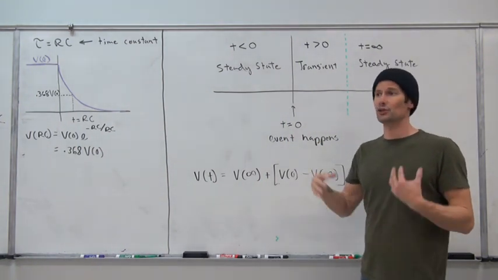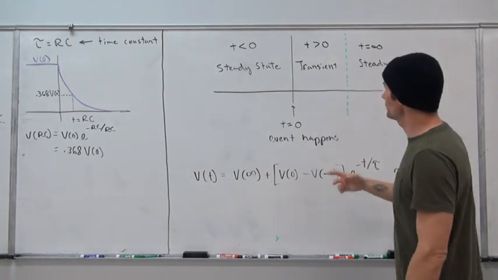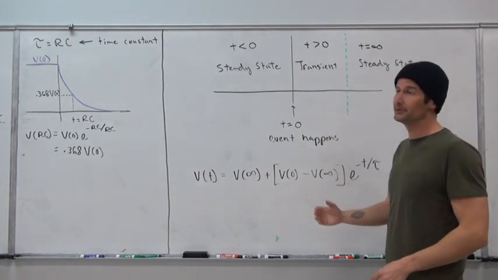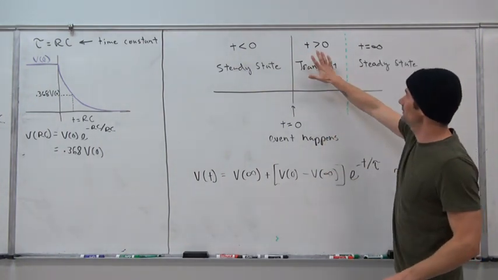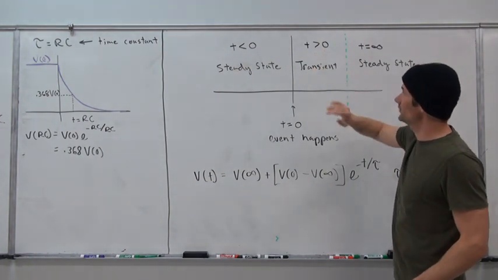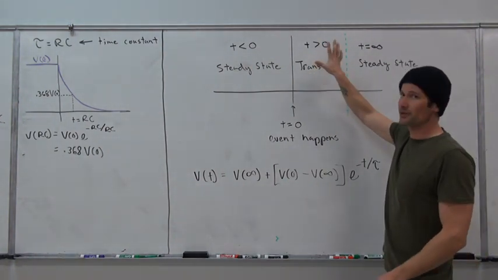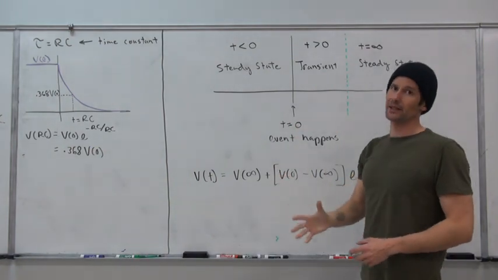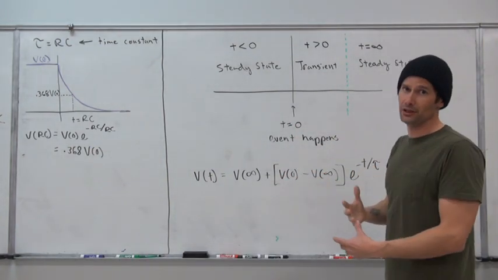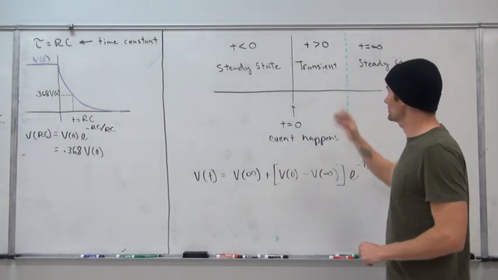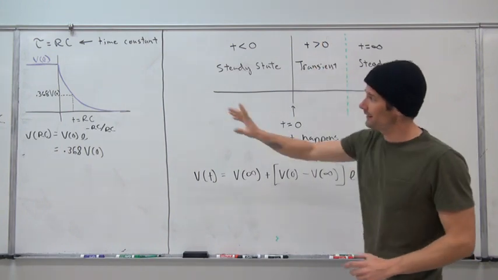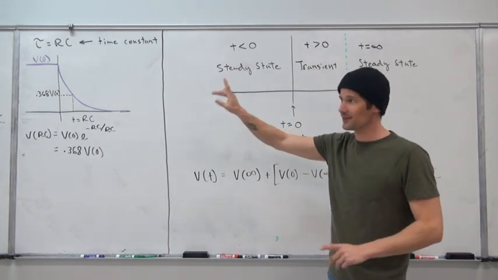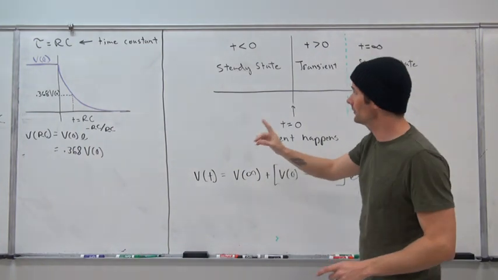When we do that, we change the circuit and create a temporary period, what we call t greater than 0, in which the circuit is going through its dynamic state and changing. It's not permanent. It's going through that exponential, which represents a dynamic change happening within the circuit.